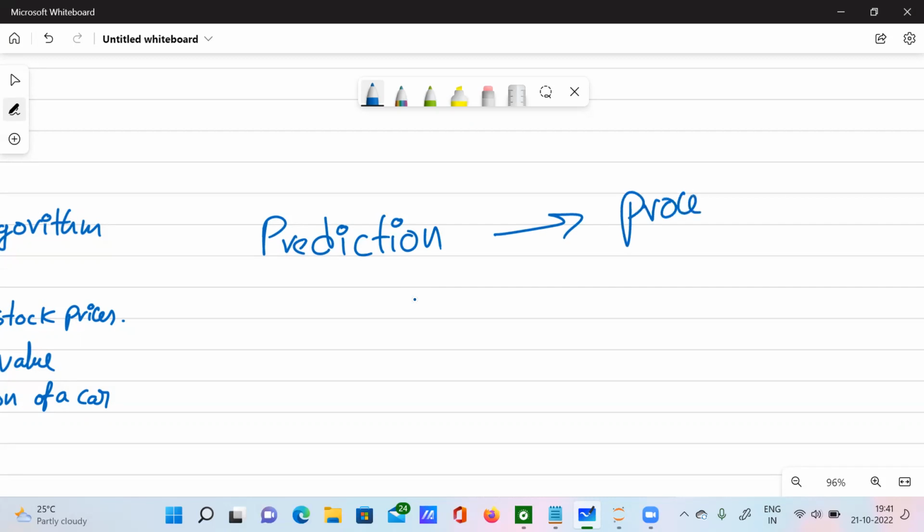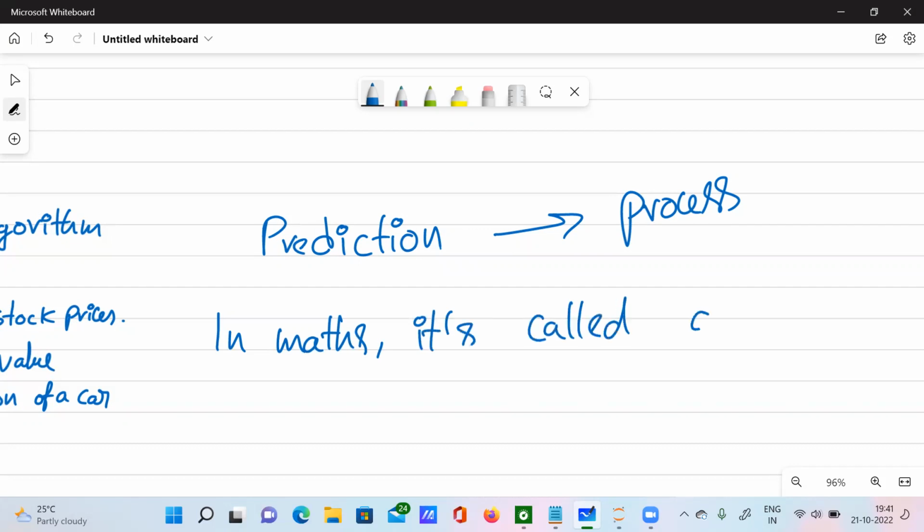If we want to predict something, there may be some kind of process. So what is this process? The process is nothing but, in mathematics, what is called a function.